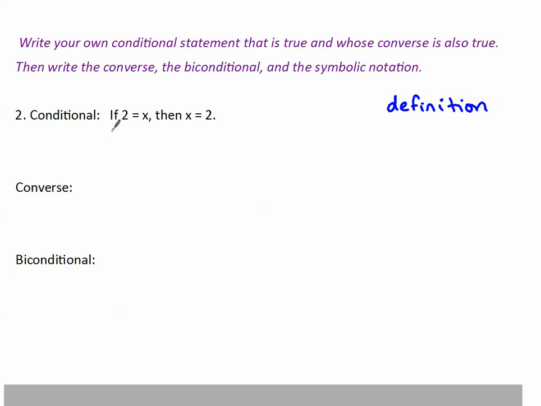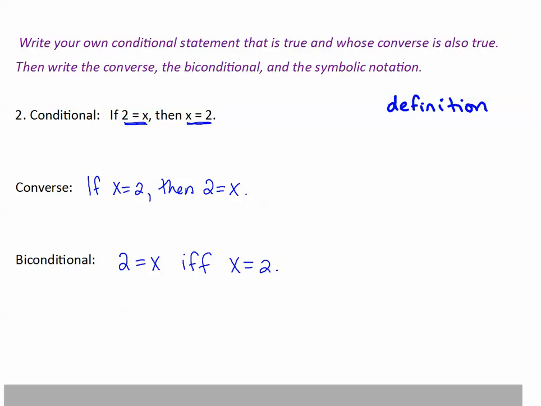Let's use mine as an example. If 2 equals x, then x equals 2. The converse, if x equals 2, then 2 equals x. You turned it around. It's true both ways, so we write the biconditional: 2 equals x, if and only if x equals 2. Again, true both ways.